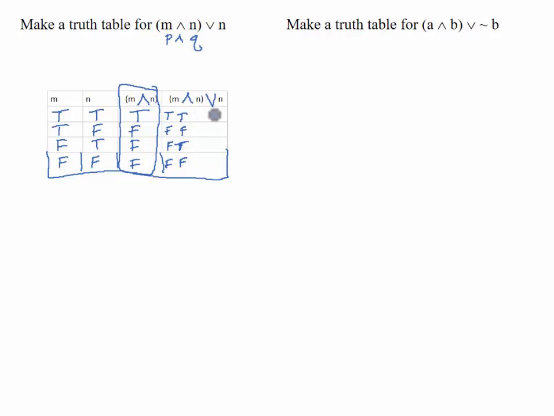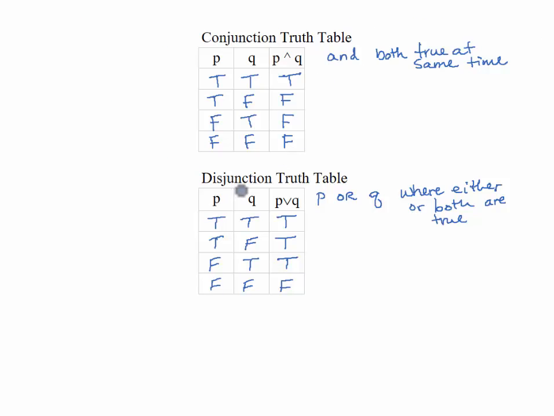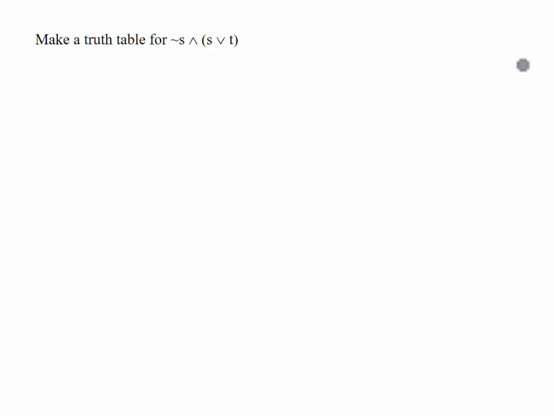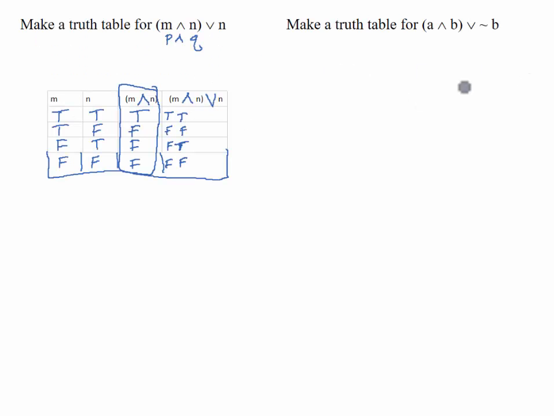This is a disjunction, or. So now think back to our disjunction table. They were always true unless we had two falses, and then it was false. So, here we go. Where do we have two falses? Right here. False. Every other time, oh, here's two falses also.